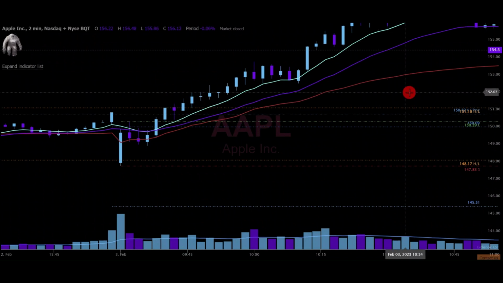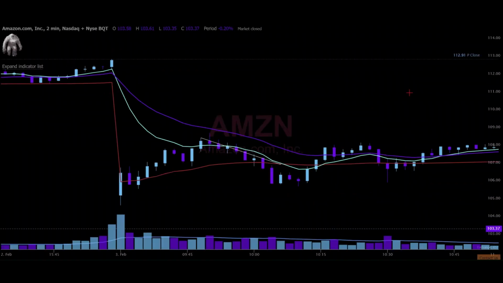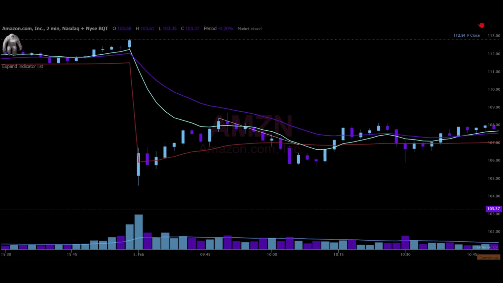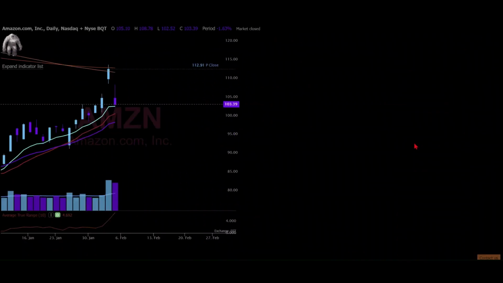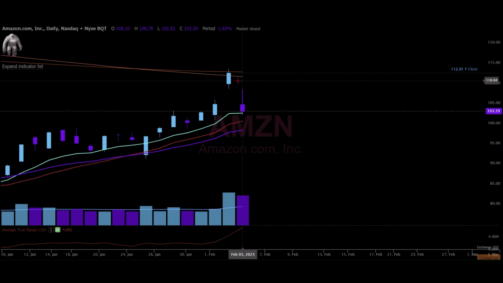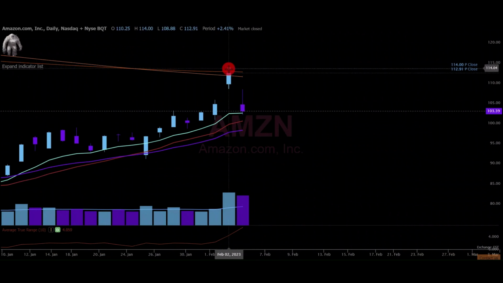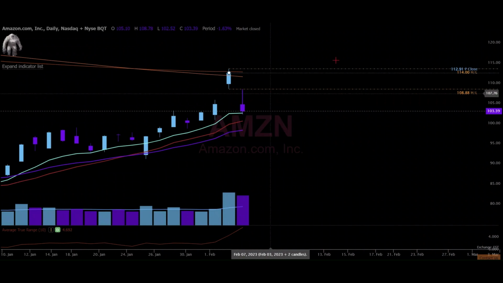My next couple trades were Amazon. So let's set our lines real quick. Previous day, I mean, we're far away because we gapped down so much, but we'll set them anyway. Okay.